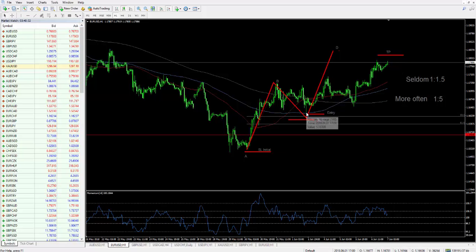Okay, so make sure the rules are simple, right? 2 or more areas of support and resistance. Make sure that you identify what's happening in front of you. Don't try and create something that happens in front of you, all right? The confirmation bias thing that I've been going on about, okay? Make sure that you pick up on all of the signals, right?